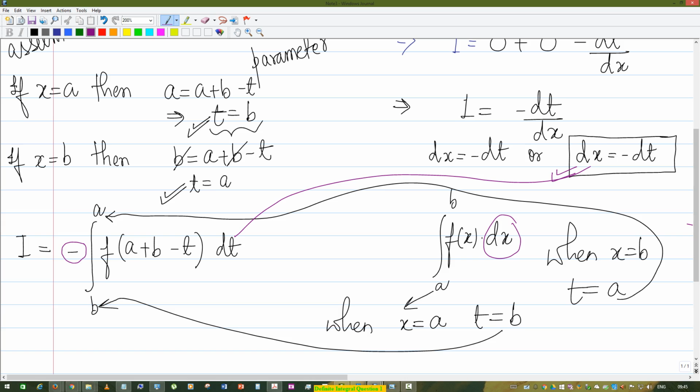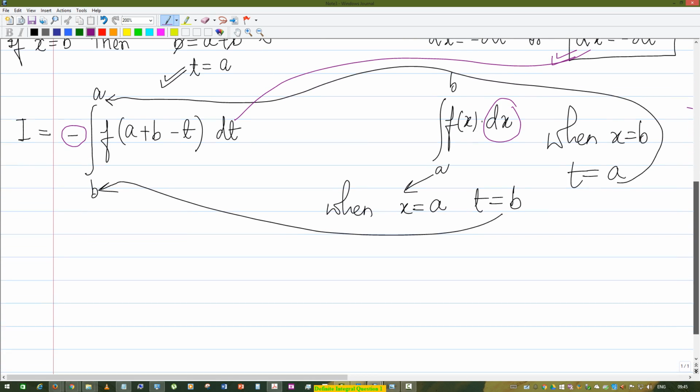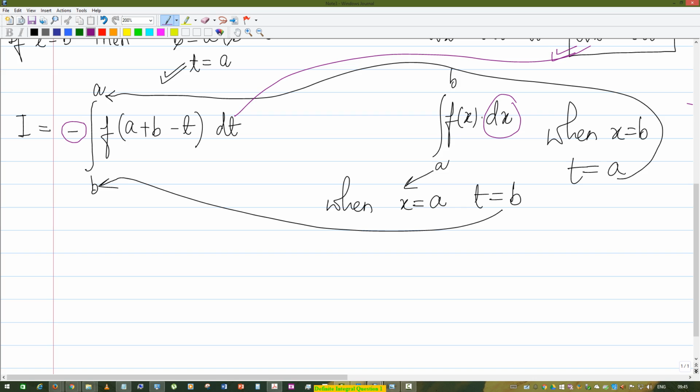And now, we had already seen that there is a property that the integral from a to b of f(x) dx will be equal to minus the integral from b to a of f(x) dx.